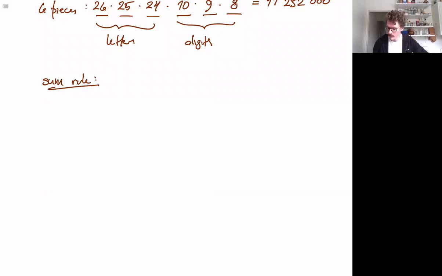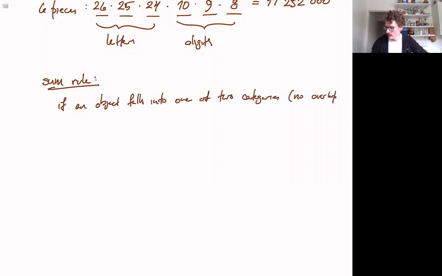So if an object falls into one of two categories, and let's say these categories have no overlap, so it's one or the other, but not both, sort of an XOR situation.